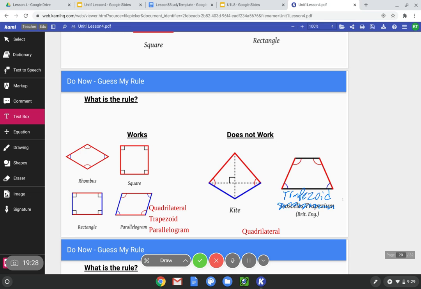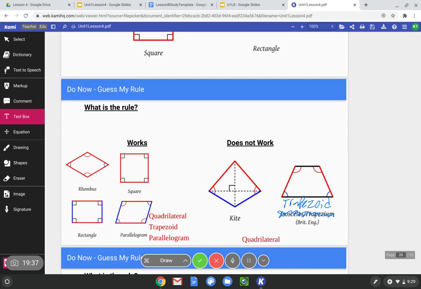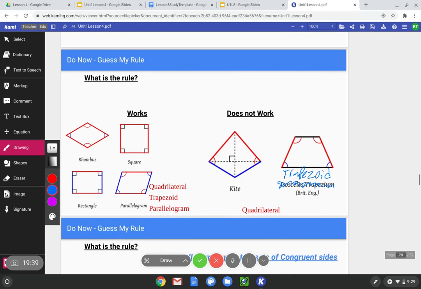What they do have in common is that they're both quadrilaterals, so they both have 4 sides. But as you can see, this trapezoid has 1 pair of parallel lines. The black lines, those are parallel. But the kite doesn't have any parallel lines, but they still have the fact that they're quadrilaterals in common.